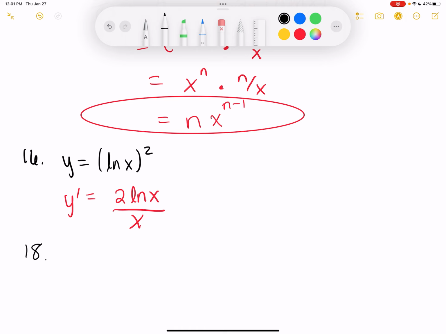All right, and then 18, y is equal to the ln of 10 over x. When I think about this problem, just to make it easier, I'm going to think about it as the ln of 10x to the negative 1, because now I have a chain rule of a natural log.